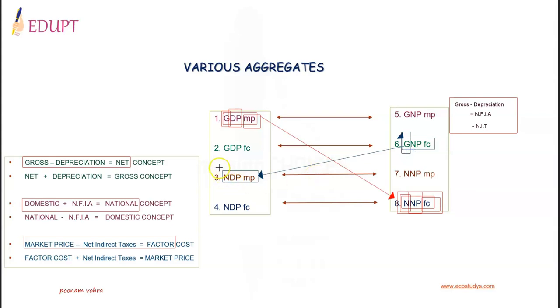You need to find net. So deduct depreciation. National product is given to you. You need to find domestic product. In this case, it will be national minus net factor income from abroad to get domestic.